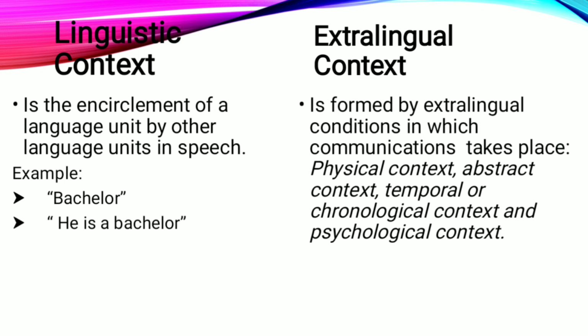Extralingual context can be physical or abstract and can significantly affect the communication. It refers to the environment, the time, the place in which the discourse occurs, and it also includes the relationship between the participants.